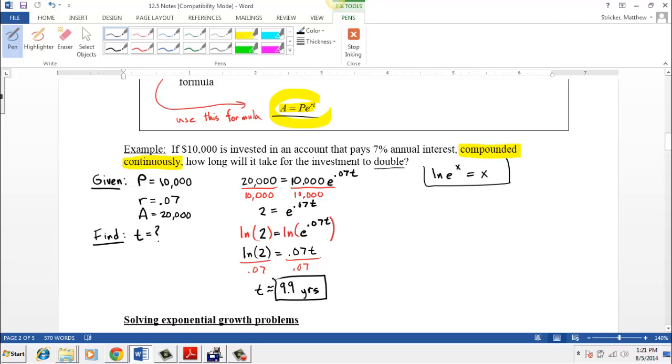In fact, we really just learned a new formula that we could use here in the future for continuous compounding interest.